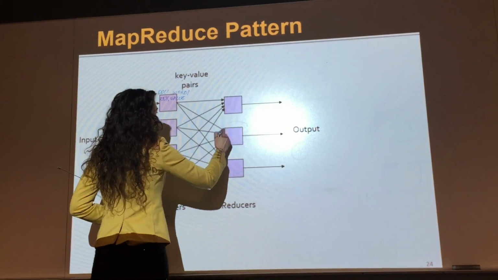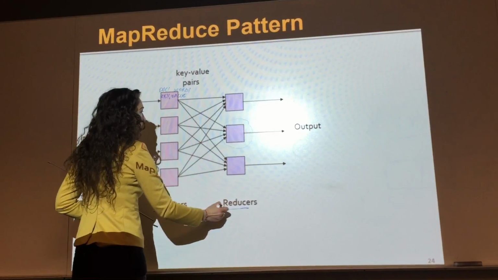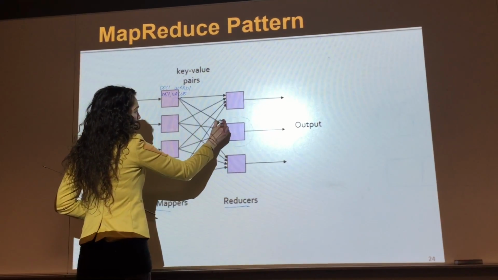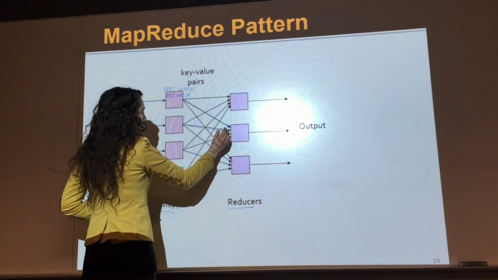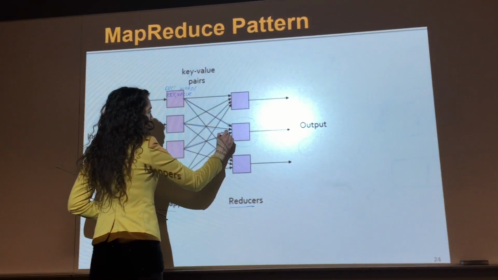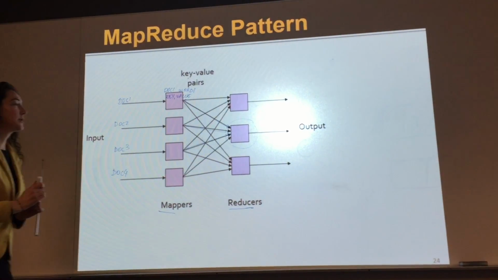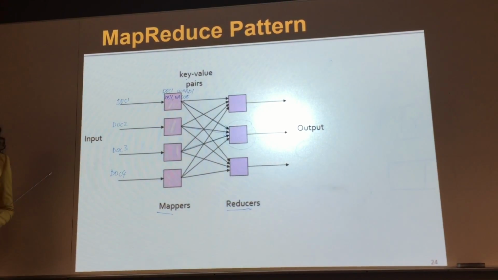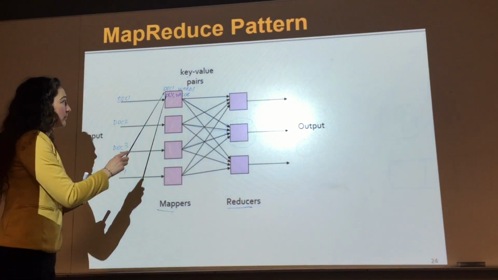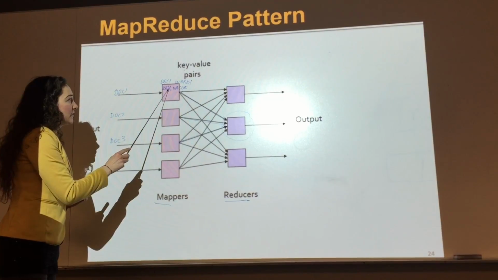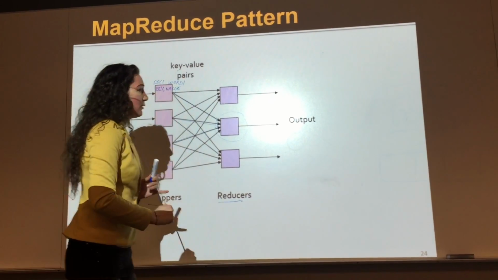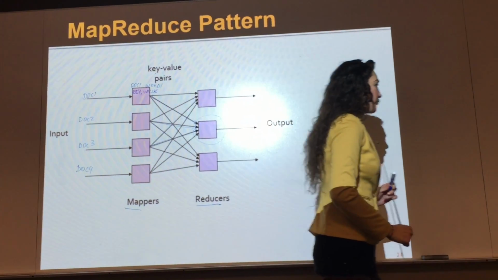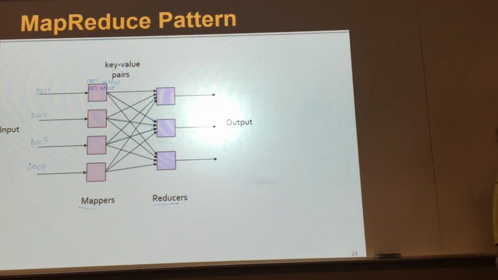So this reducer is taking output from this mapper and this one and that one, because it has to combine the results together to give the end result to the user. But it is combining them by using a key value pair that was produced from the mapper.